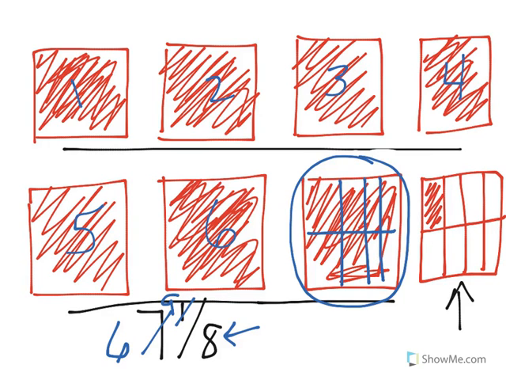And I have, let's count the parts. I have 1, 2, 3, 4, 5, 6, 7, 8, 9 out of 8 pieces. And that's how we got 6 and 9/8. All we did was we just borrowed. It's still the same exact thing. We still have the same amount of pieces. It just looks a little differently once we regrouped.